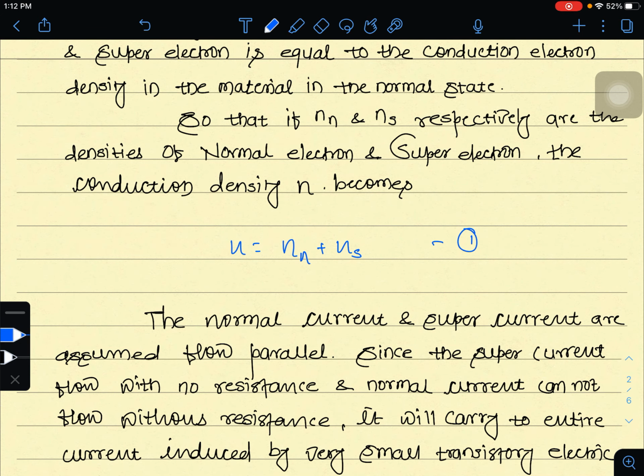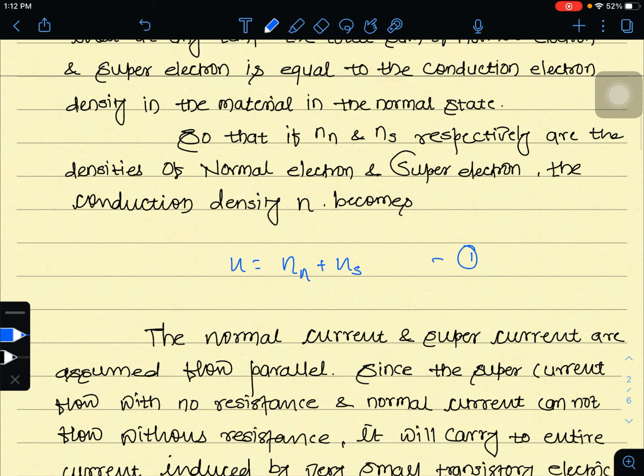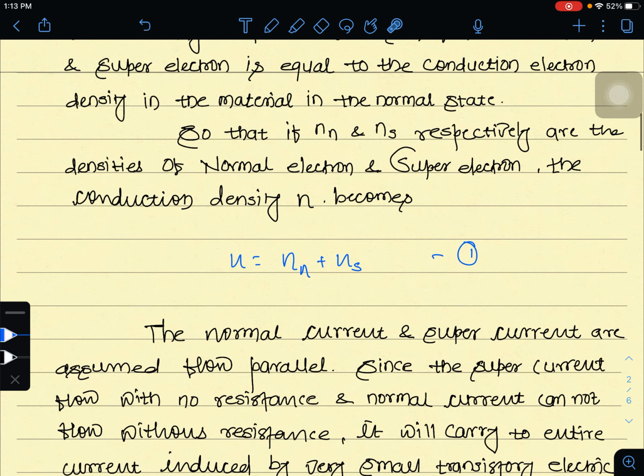This nn is the density of normal electrons, and this ns is the density of the super electrons. This equation shows you the conduction density is equal to the sum of the normal electron density and the super electron density.